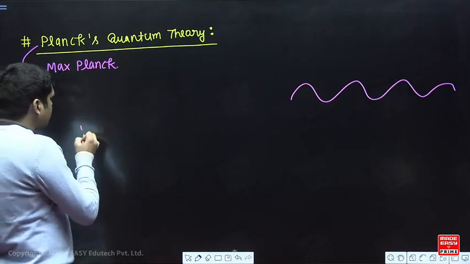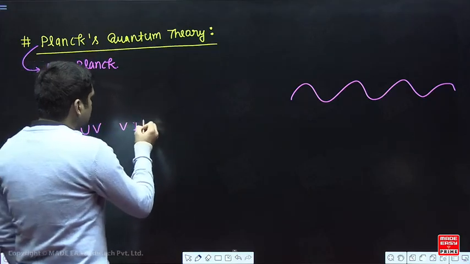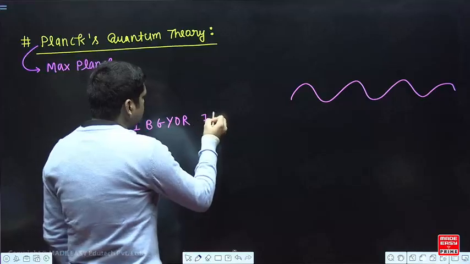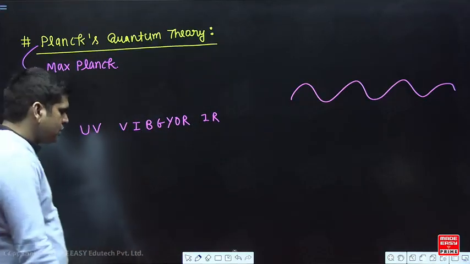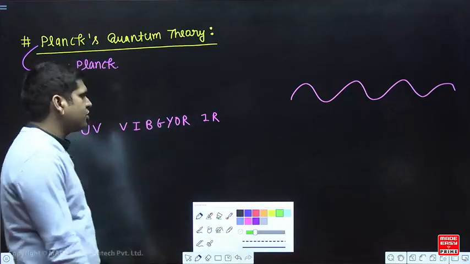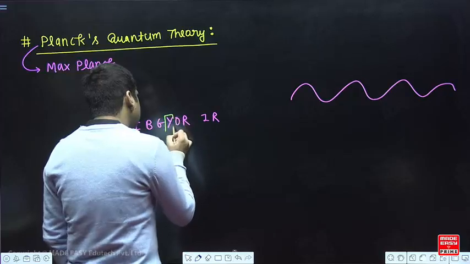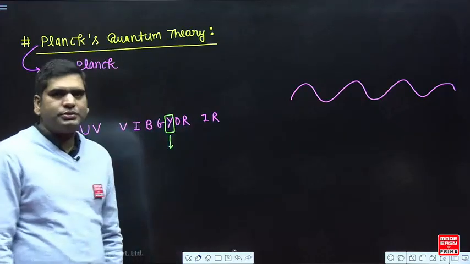If you have a little bit of knowledge about the electromagnetic spectrum, it is like this, UV, VIBGYOR, IR, this you may have read. So he saw that when he increased the temperature, first of all the iron becomes light yellow in color.